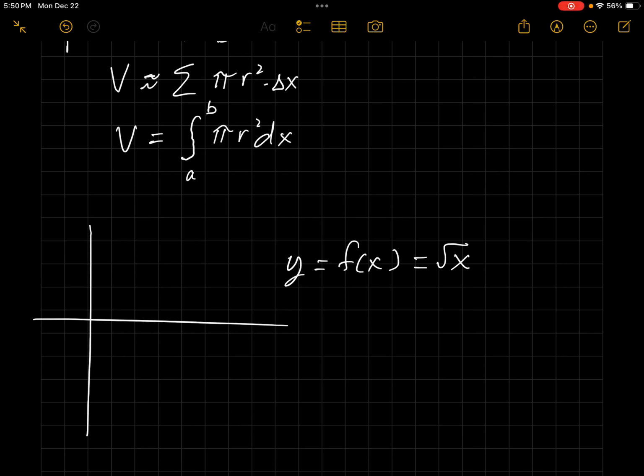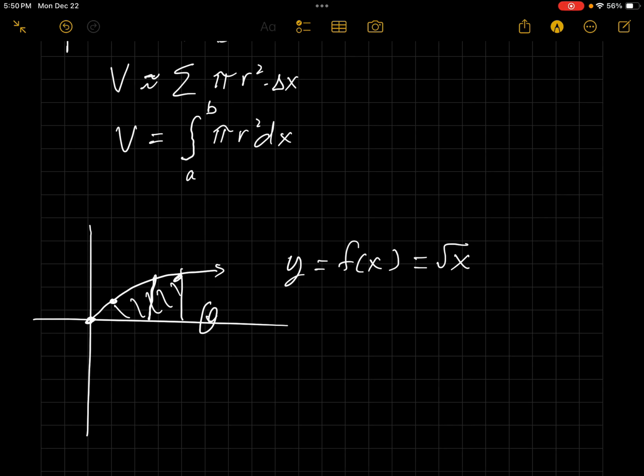And let's look at the region from x equals 0 to x equals 4. We want to revolve this region 360 degrees about the x-axis.